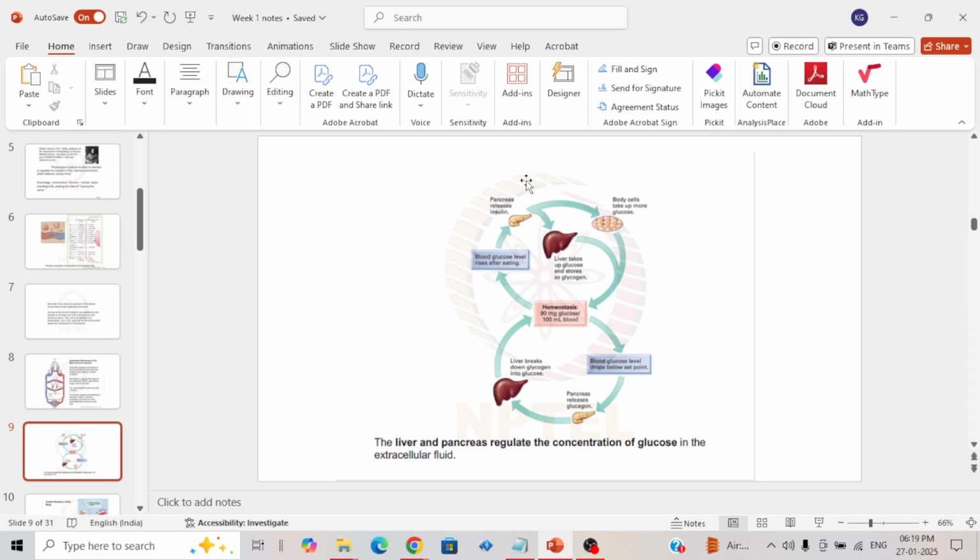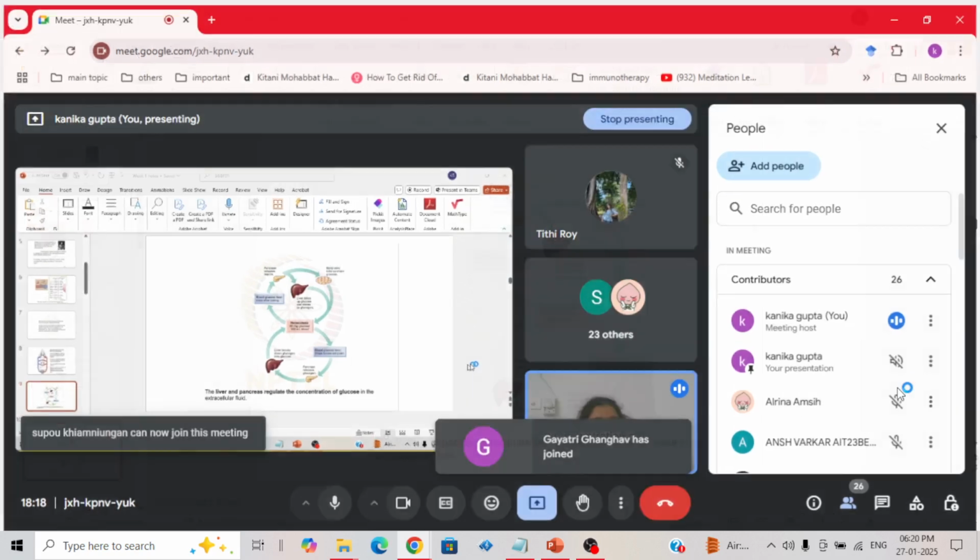And whenever there is a requirement of glucose inside the body, like when the blood glucose level drops below 70 mg per 100 ml, then again a phenomenon works in which the alpha cells of these islets of Langerhans come into action and secrete glucagon.